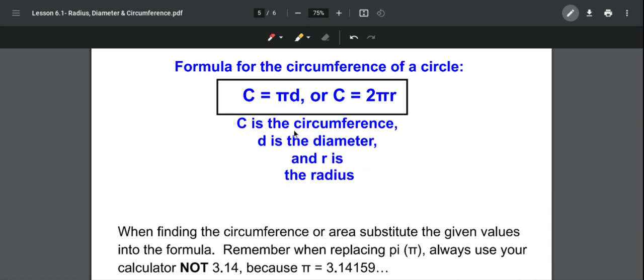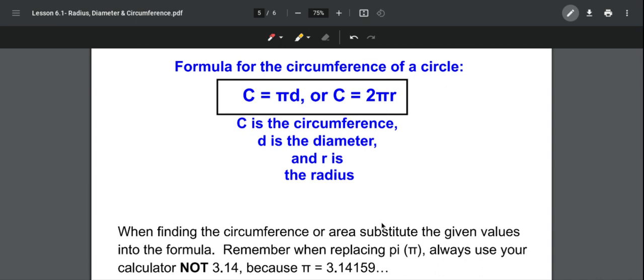So C is represented by the circumference, D is represented by your diameter, and R is represented by your radius. So circumference is equal to pi times diameter, or circumference is equal to twice the radius times pi.